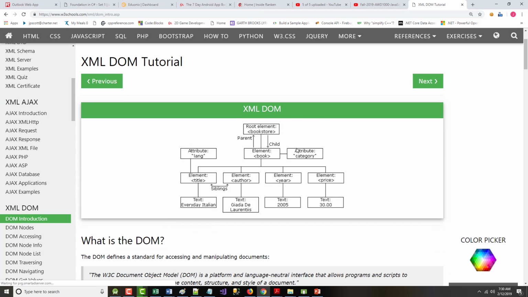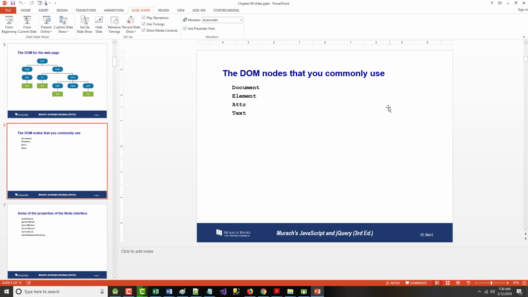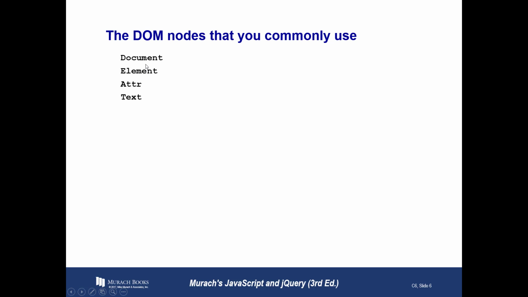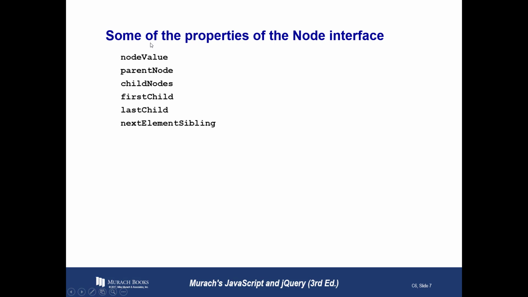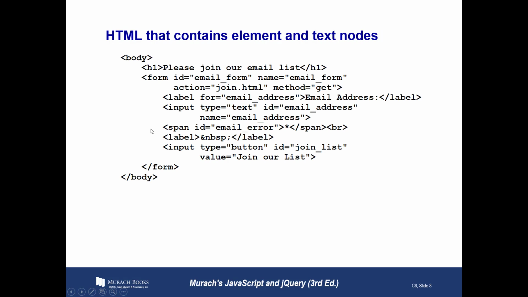So that's a super good way to get started with this stuff. Some of the stuff that you might end up using includes the document, node, element nodes, attributes, and text. Some properties: node value, parent node, child node, first child, last child, next element sibling.